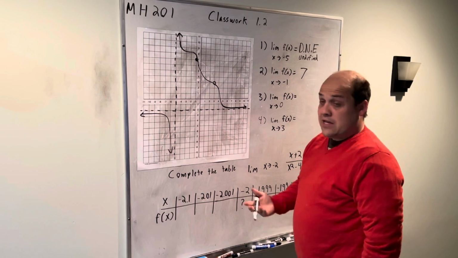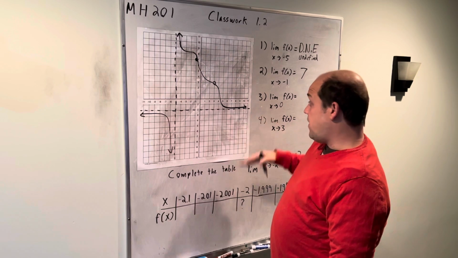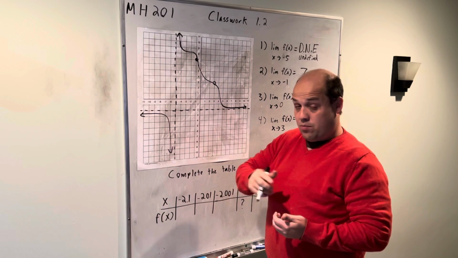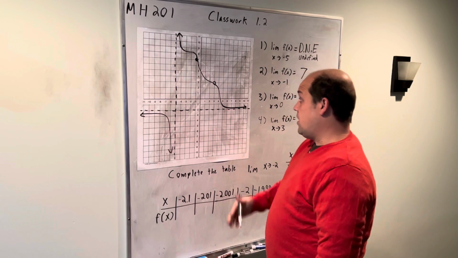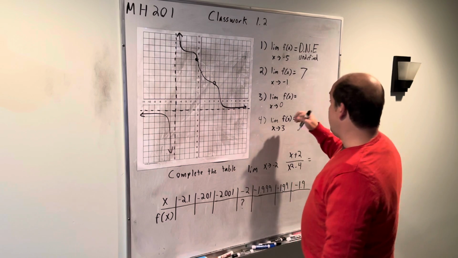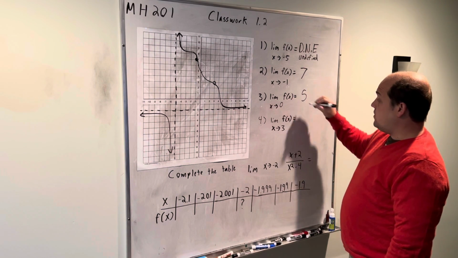I don't need it to be a special identified point on the graph. I could find the limit towards any x value I wanted on this graph, especially if I had a graphing calculator where I could put in a specific point. But in this case, I tried to make it clear that it crosses here at a y value of 5, which is why my limit as x approaches 0 of f of x is 5.